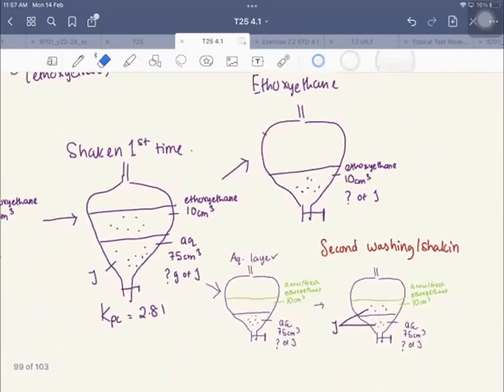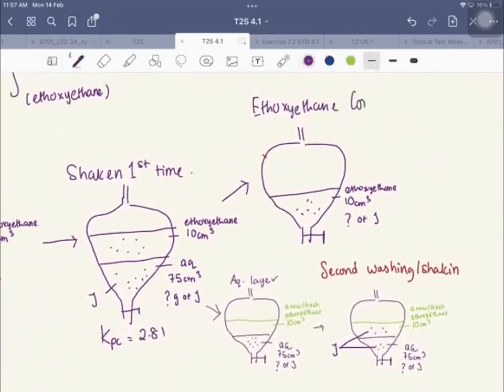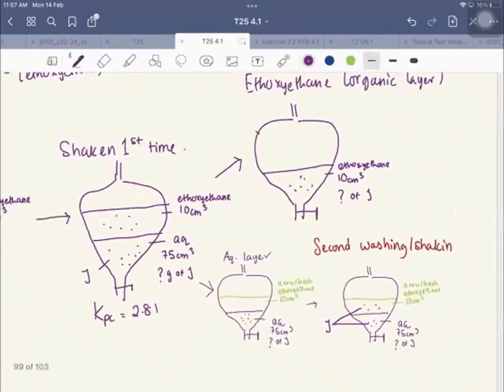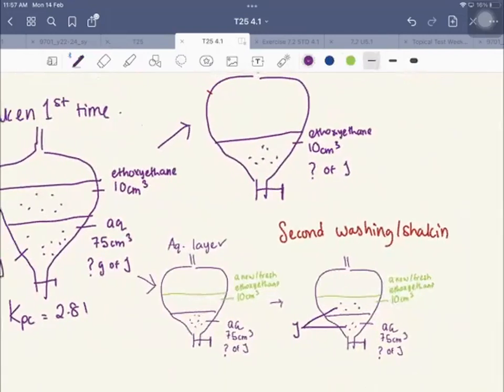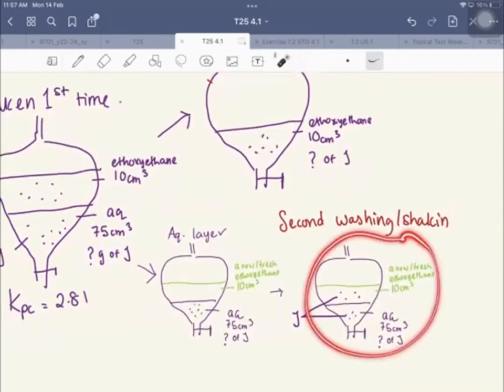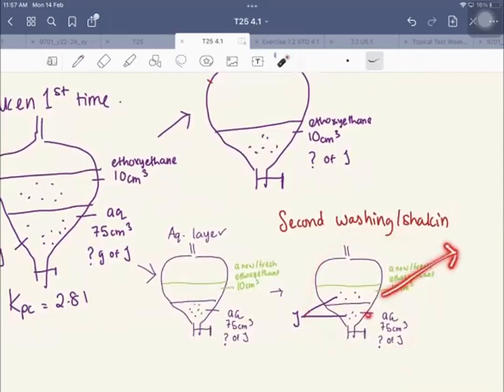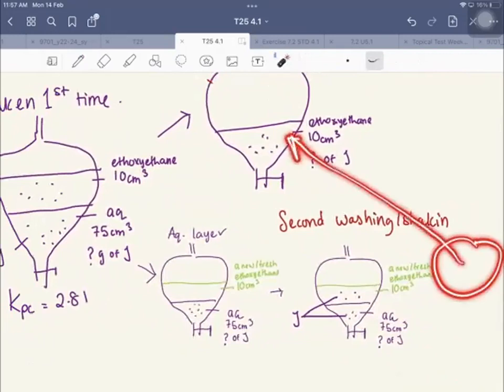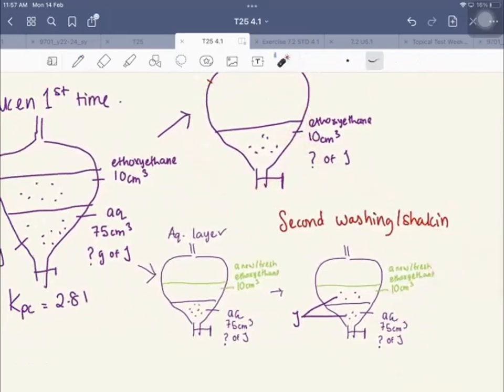So don't throw that ethoxyethane layer because this is your organic layer. When it says the two layers were separated and then the two organic layers were combined, that means after this process, you separate the organic layer and you separate the aqueous layer again. And this organic layer that you have separated, you will combine it with the first organic layer in this stage.